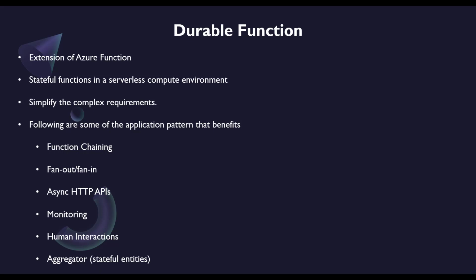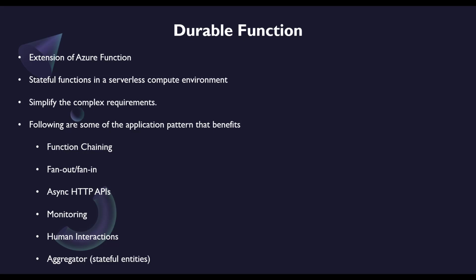Next is fan out, fan in. We can execute multiple functions in parallel and then wait for all the functions to finish. That is fan out and fan in. Fan out means triggering multiple functions. Consider the same example, three methods. You execute all three methods in parallel, so you don't have to wait for method 1 or method 2 to finish in order to execute method 3.